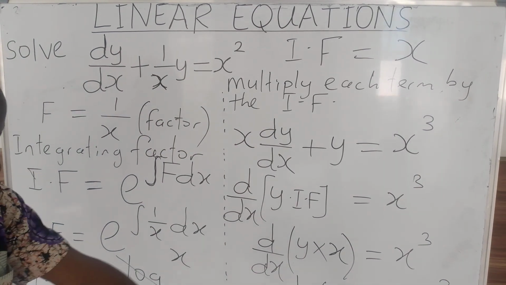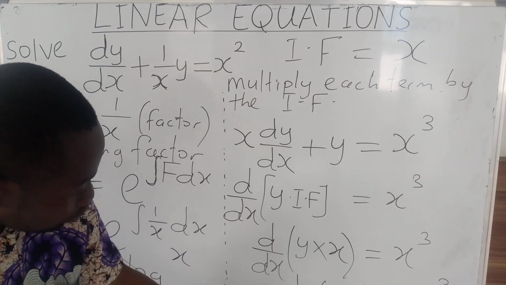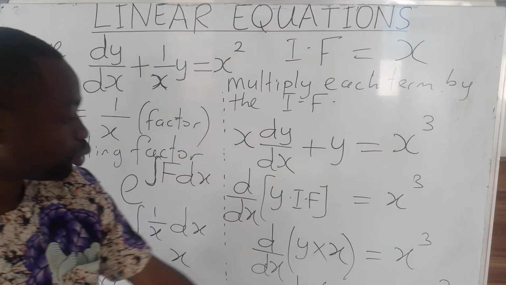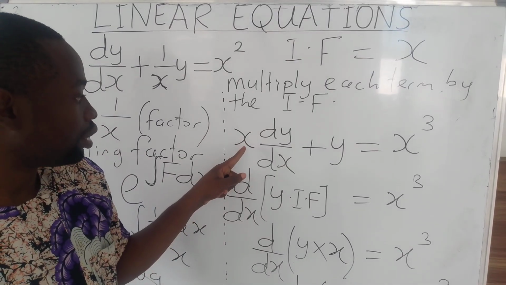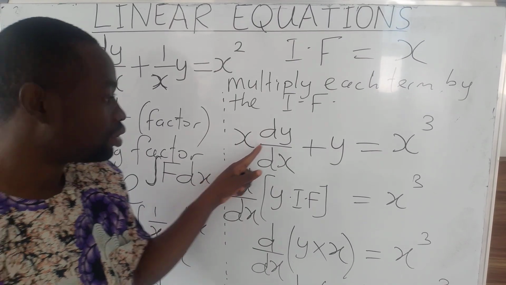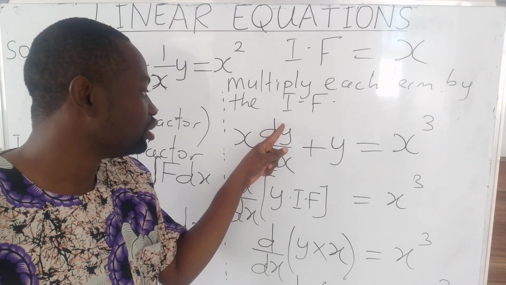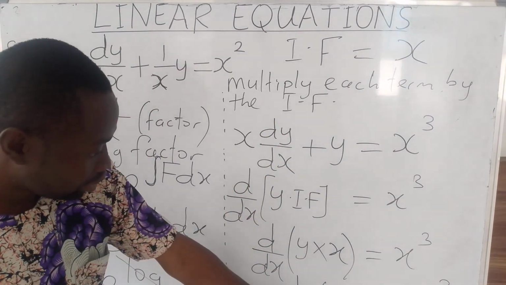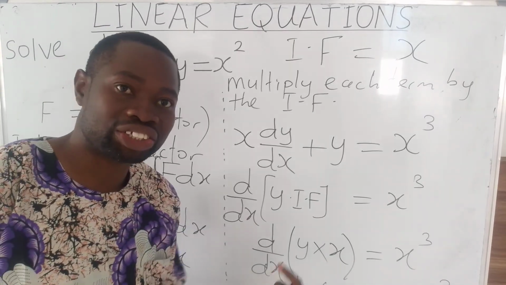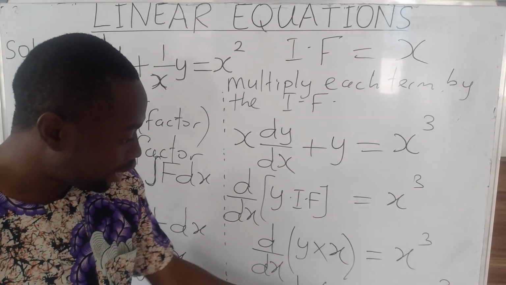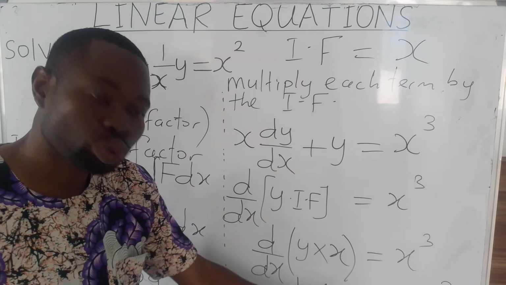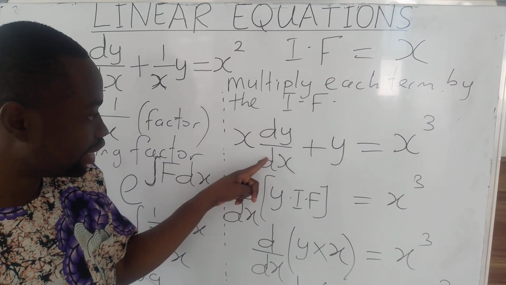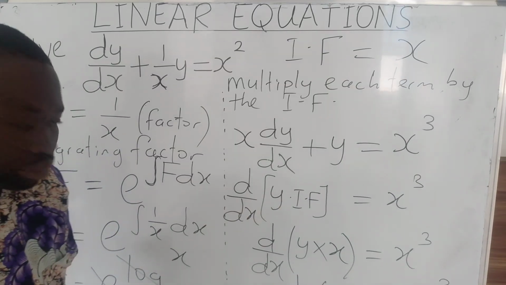Of course, when you find d/dx of yx, you are going to get back x dy/dx plus y. Because if this is yx, meaning y times x, and I differentiate yx with respect to x, I'm going to get back x dy/dx plus y.